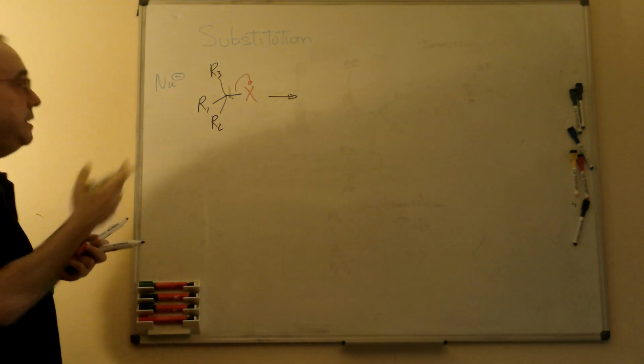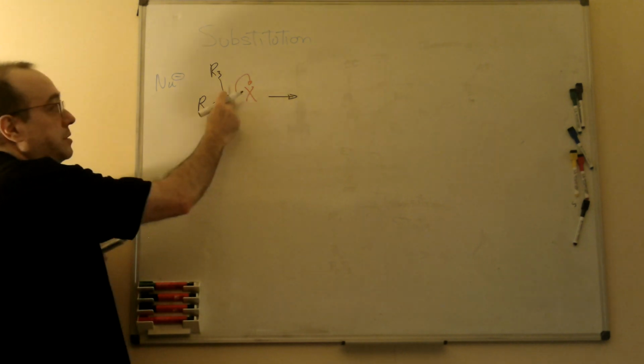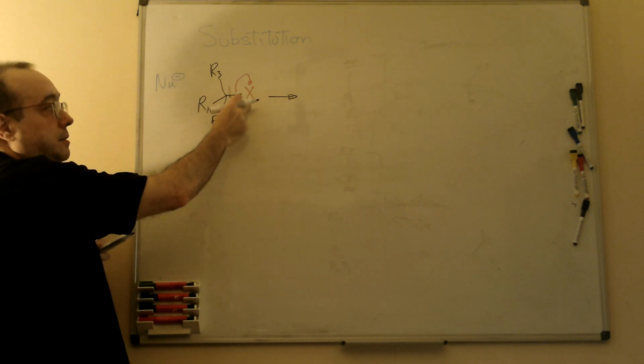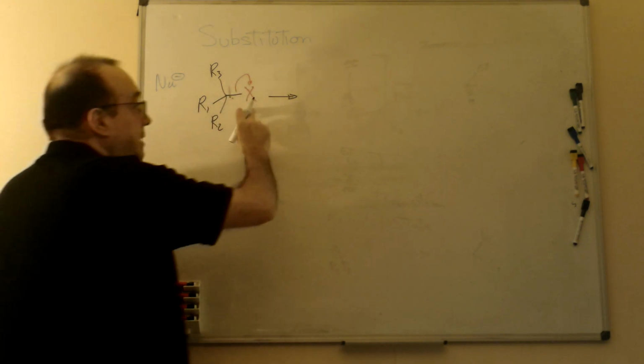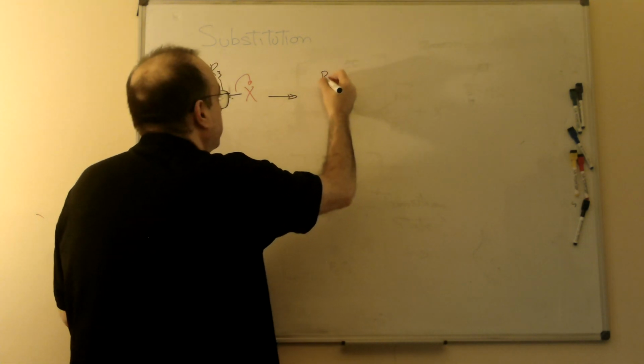And what we generate is a carbocation, if this pair of electrons that are forming the carbon-X bond is taken by X.